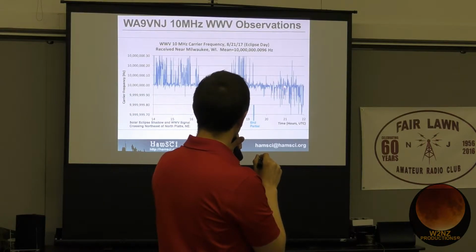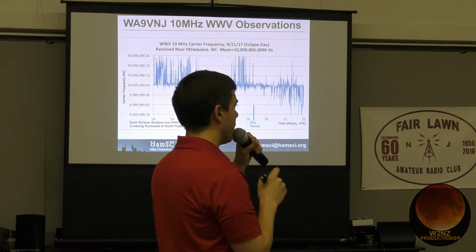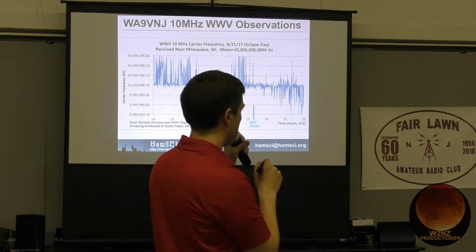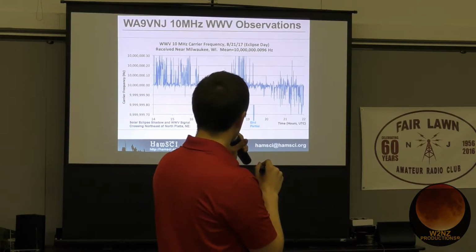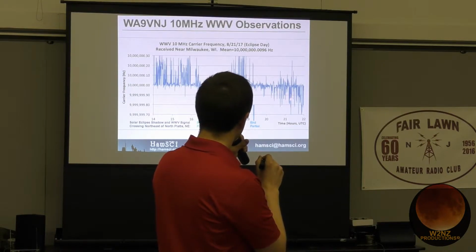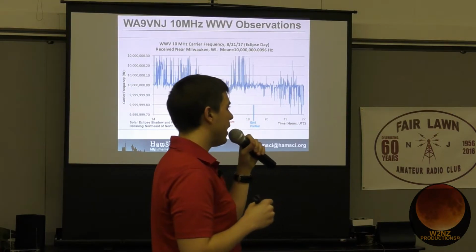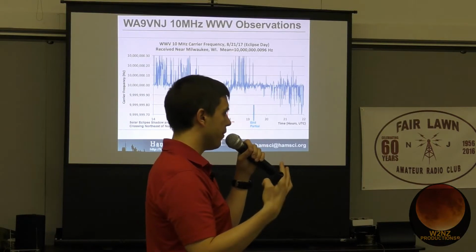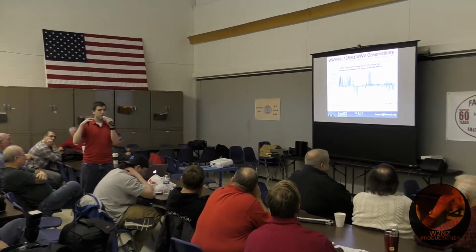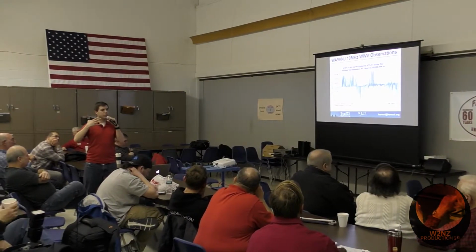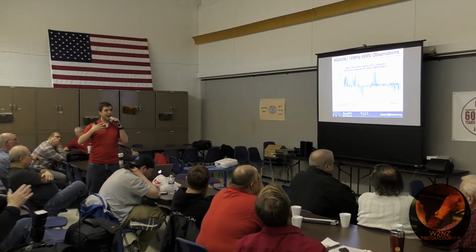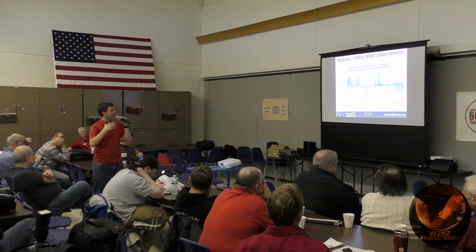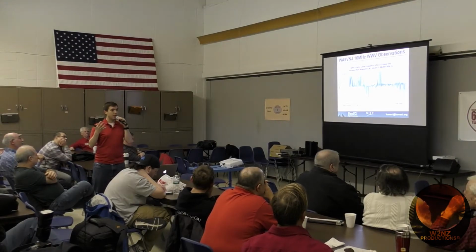Yeah, that's also something I'd have to look into a little bit more. So you're saying why does it go down here and then go up and then go down again? Yeah, the two drops are like mirror images of one another. One possibility is you might have a traveling ionospheric disturbance go through. You can have waves that go through the ionosphere that have periods of, say, 15 minutes to an hour long.